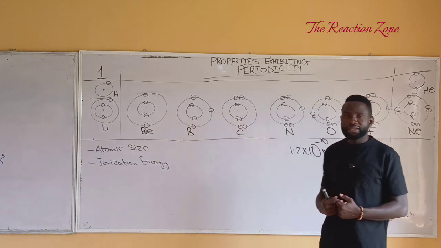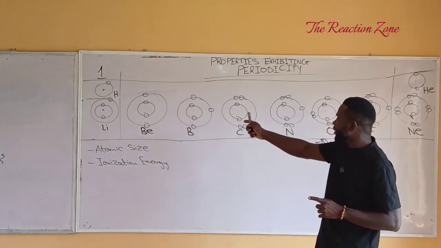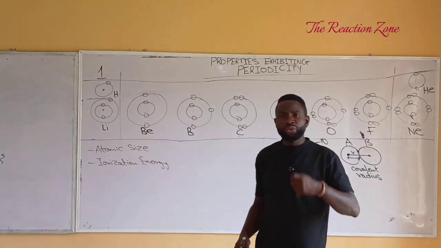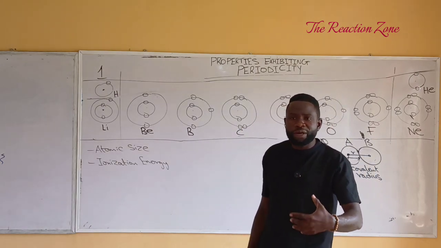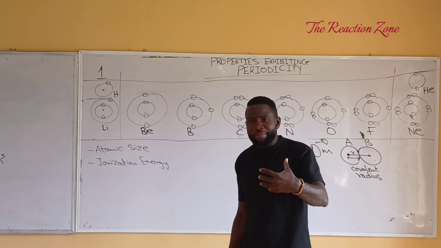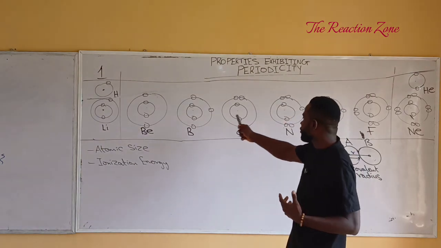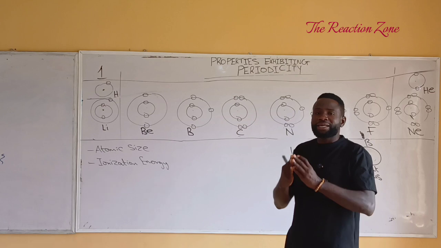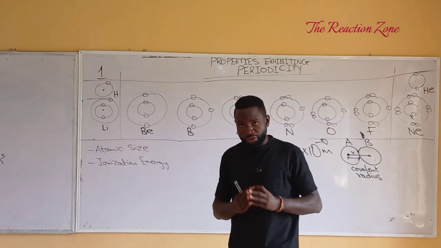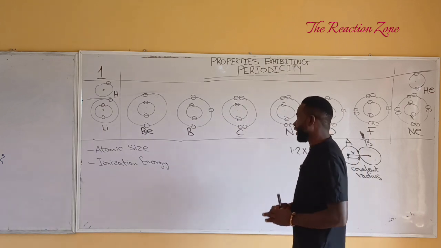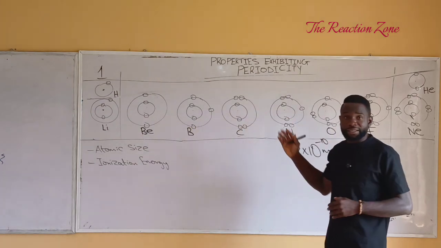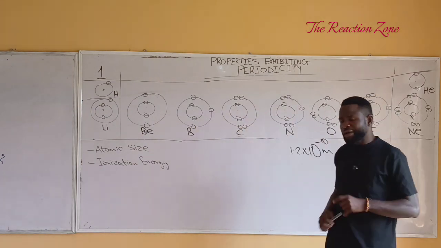So the energy that is going to be required to remove an electron from an atom is going to increase, because as you are moving from left to right across a period, the electrons are more strongly attracted towards the nucleus. So because of that, ionization energy increases from left to right across a period.